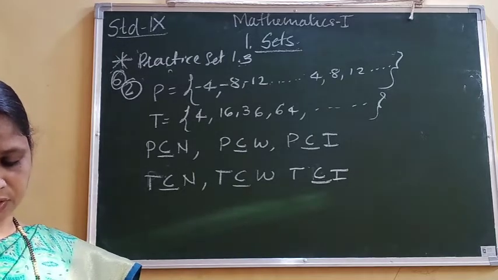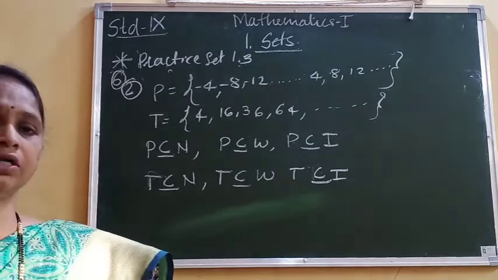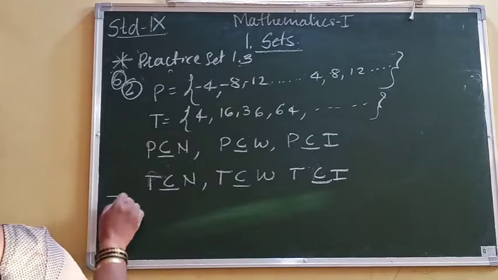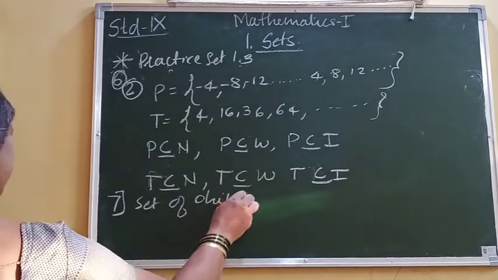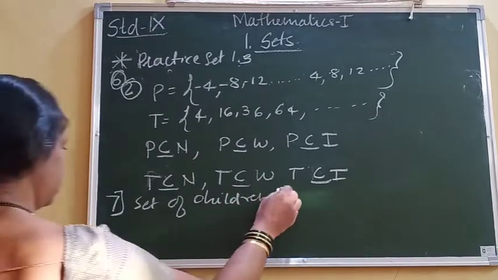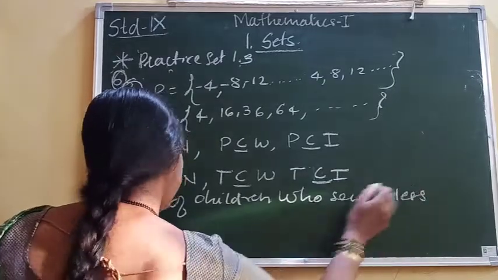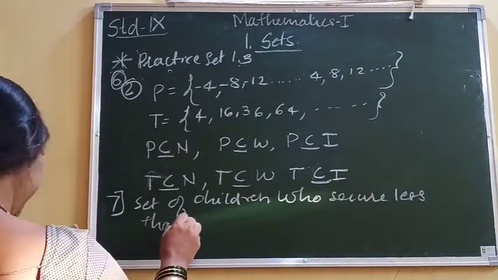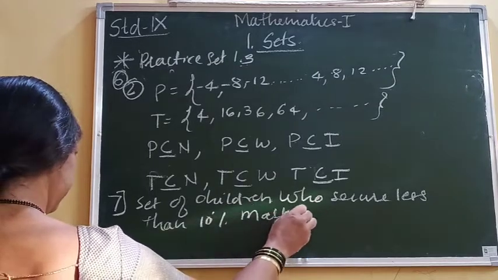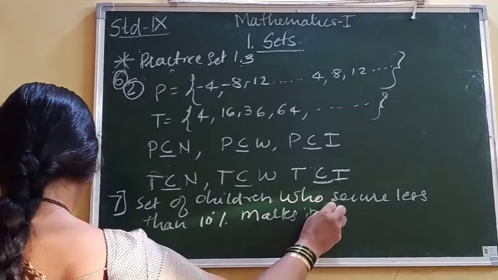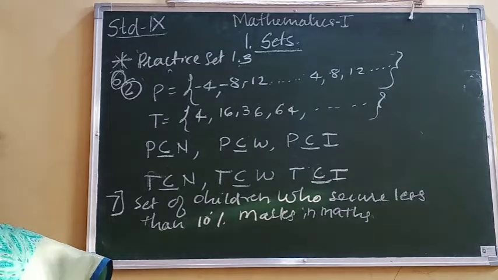Then write the complement of set A. So what will the complement of set A be? The complement of set A is the set of children who secure less than 50% marks in maths. Okay, so this will be the answer of the 7th question.